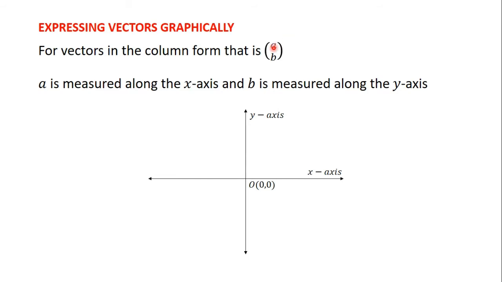A can be positive or negative. B can also be positive or negative. If you are moving towards this direction, the values are positive. If you are moving towards this direction, the values are negative. If you are moving upwards, the values are positive. If you are moving downwards, the values are negative.